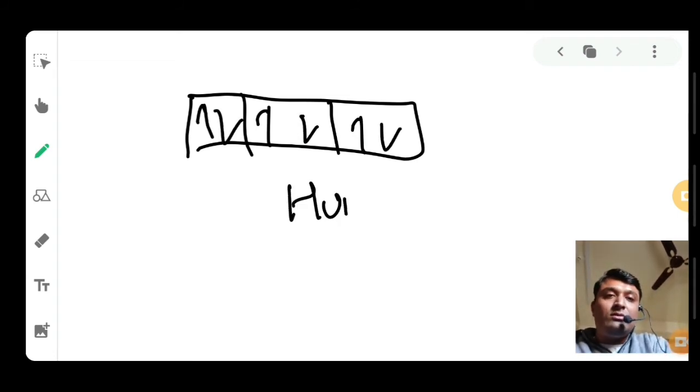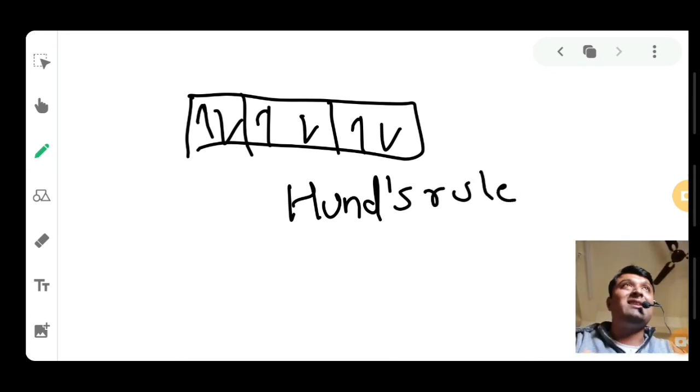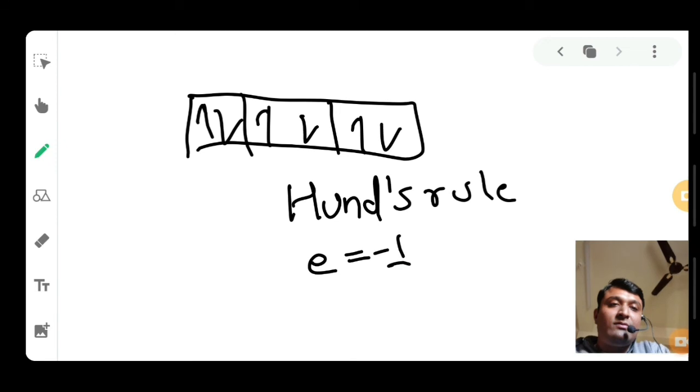Pairing of electrons is used here. One electron will spin in clockwise direction and another electron will spin in anti-clockwise direction. So here the spin value will be equal to -1/2.